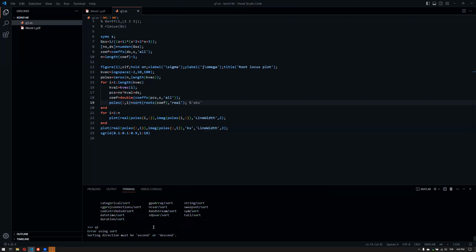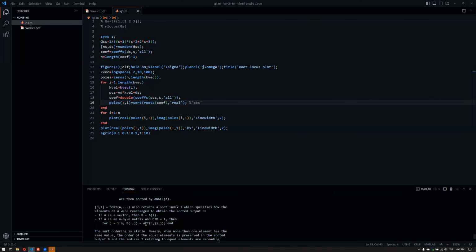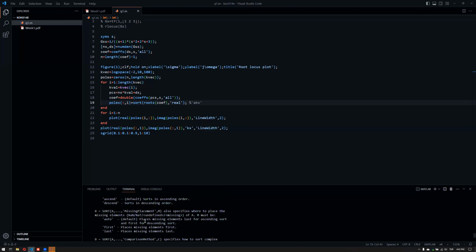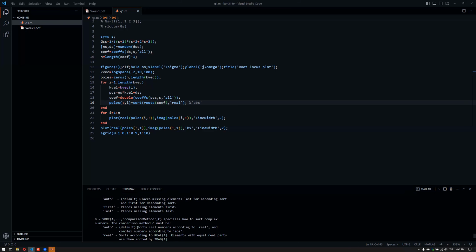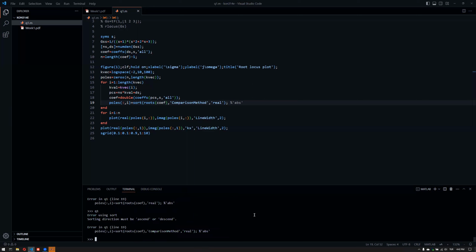Ascent or descent, or. So we're going to provide a comparison method. We didn't use the key here. So comparison method real. Let's try that out.